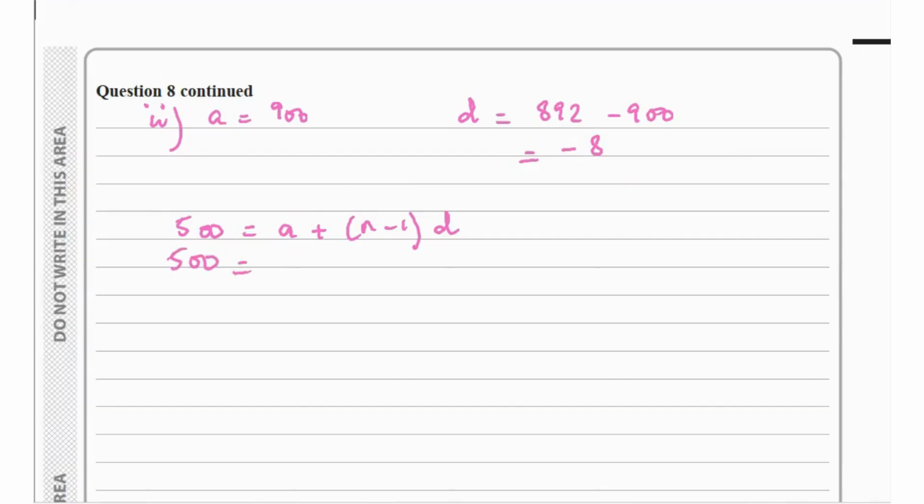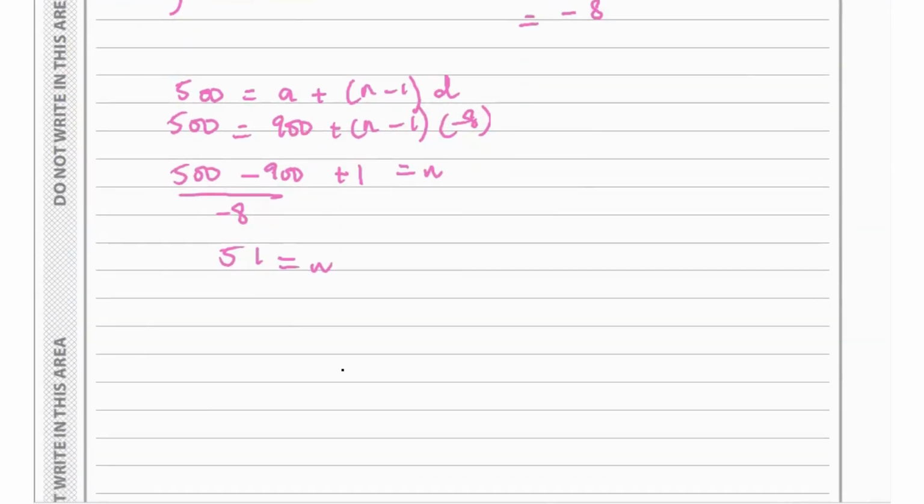So a is 900, n is what we're trying to find, and d is -8. So 500 minus 900 divided by -8, plus 1, equals n. That gives us a value of 51. So that's n.